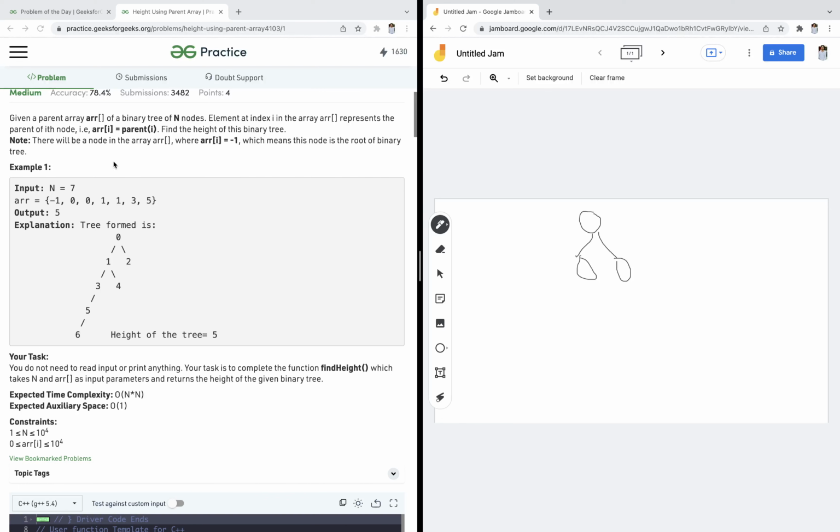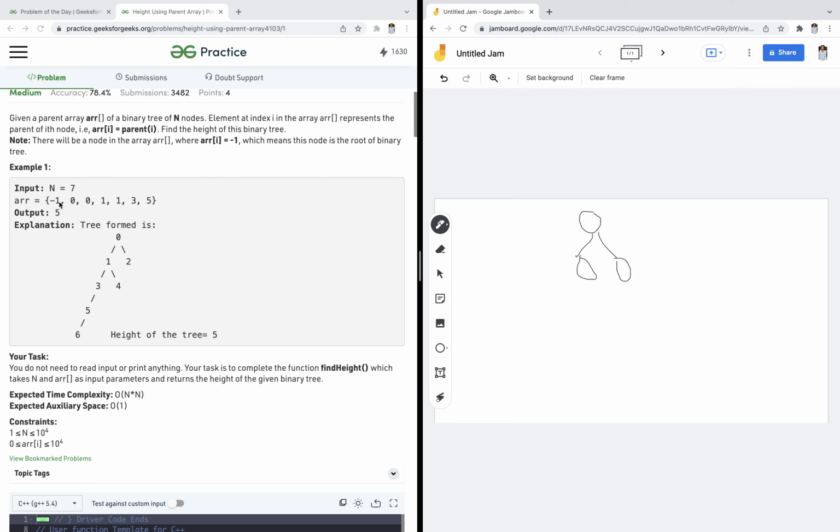That is what they mentioned: arr of I means that the value at index I is the parent of I. So the value at index 1 is 0, so 0 is the parent of index 1, meaning node 1. Again 0 is the parent of node 2.